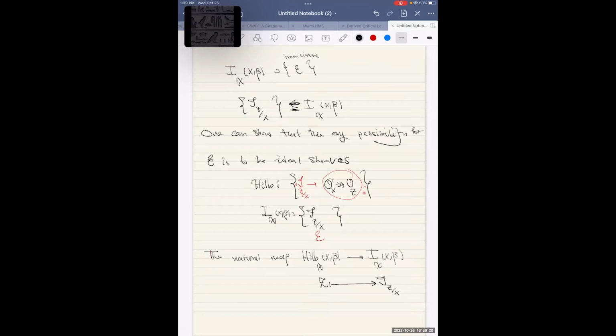This natural map is an isomorphism on the level of closed points.